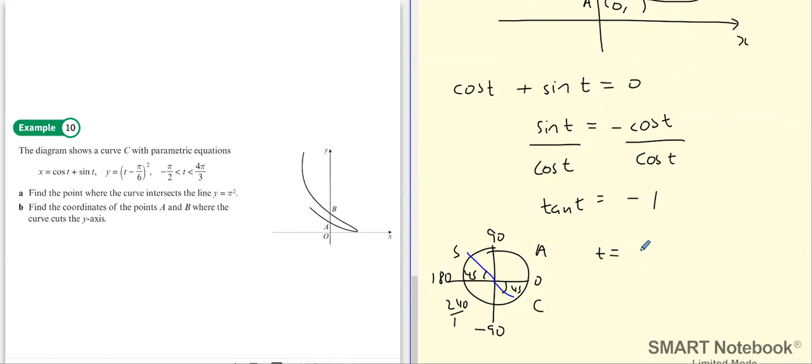So t equals either minus 45 degrees or 135 degrees, which when we convert into radians, we get minus pi over 4 or 3 pi over 4. Does that make sense? Are you happy with those two t values?